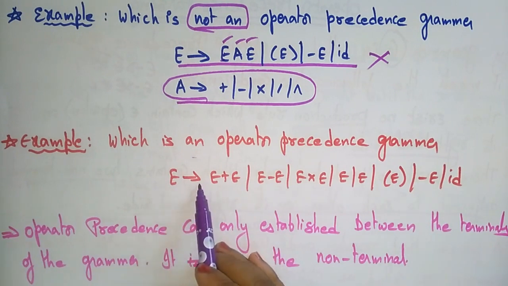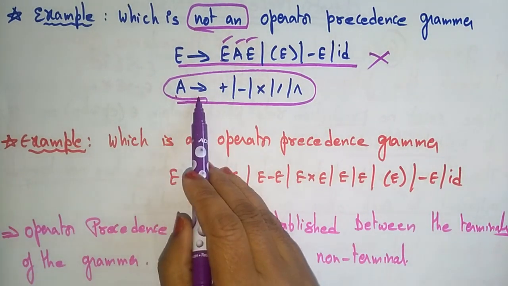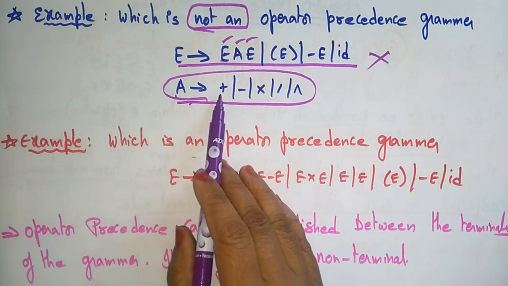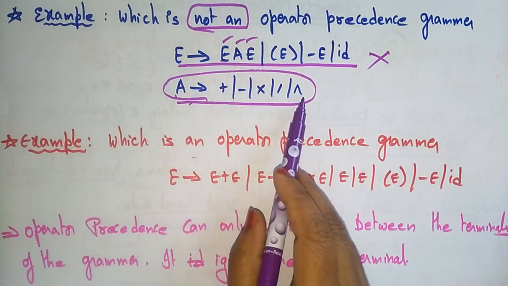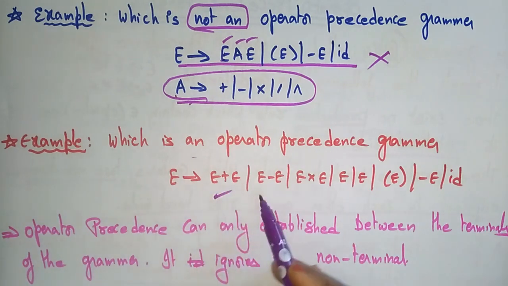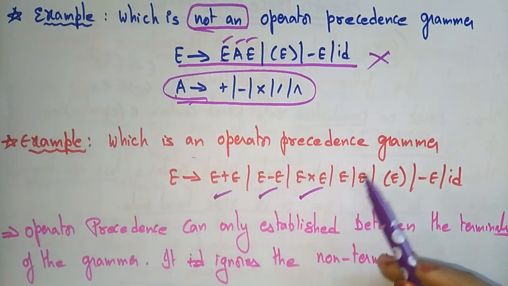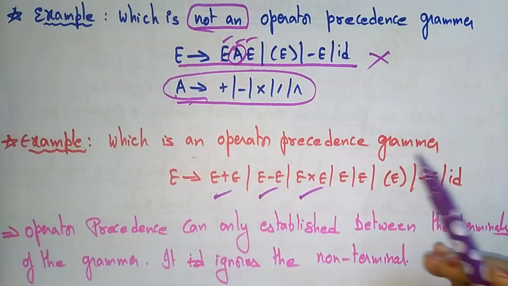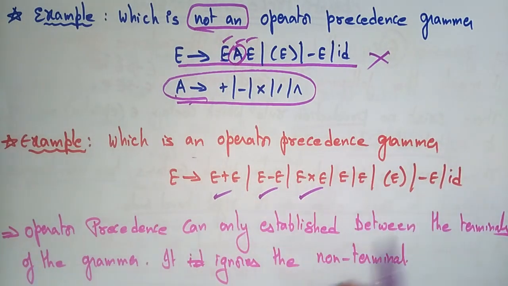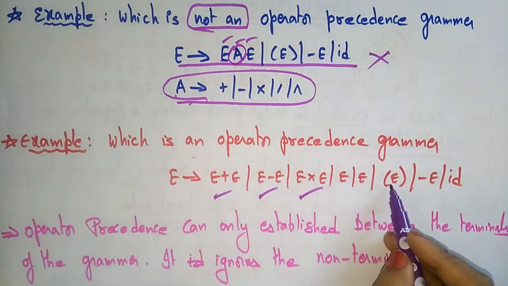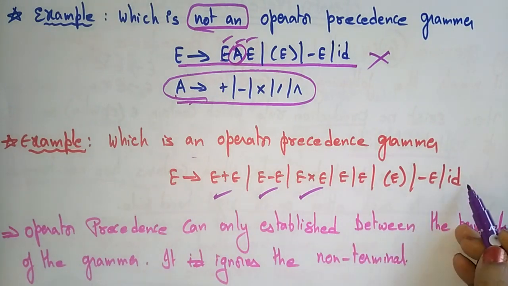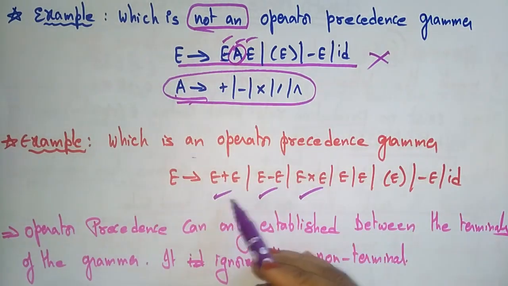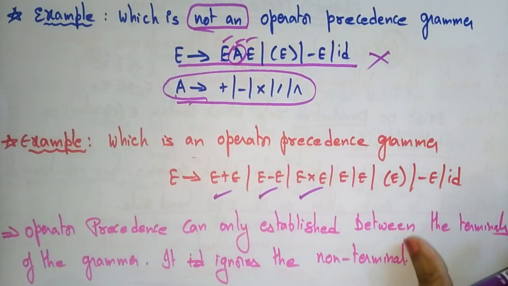In the place of A you can write plus, minus, into, divide, and so on. So E plus E, E minus E, E into E, E minus E ID. We have converted the non-operator precedence grammar into an operator precedence grammar.